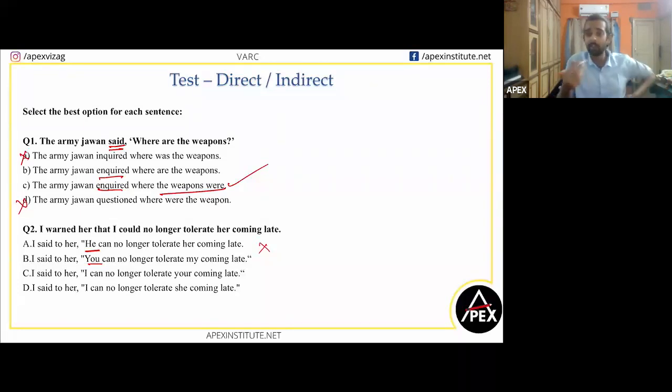In the previous question, you're asking why not question. See, first of all, even if I consider question is correct, here the number of weapons has changed, no? So S is not there at all here. So it's referring to something different altogether. So this is the wrong answer.